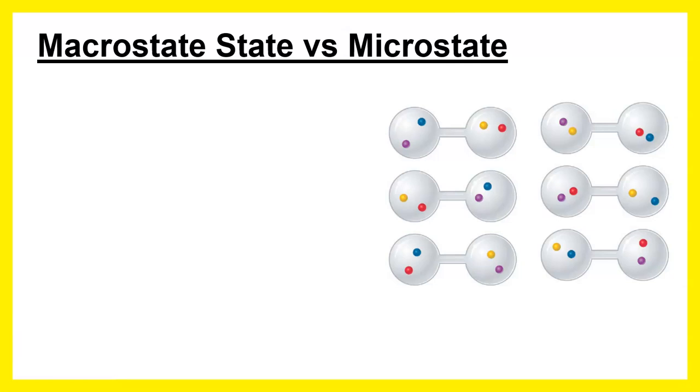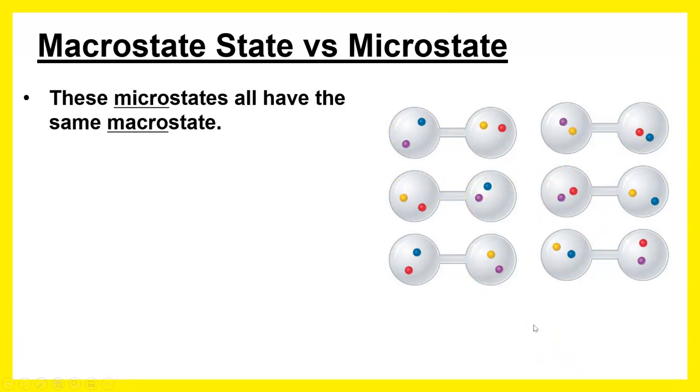So I love this picture because I think it tries to show you the difference between a macrostate and a microstate. All 6 of these little strange containers over here have the same macrostate. No matter what, there are 2 of these colorful dots on each side.